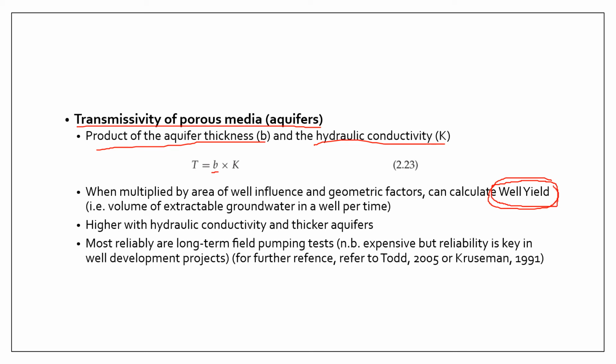So you just multiply the transmissivity times the area of well influence times geometric factors, and you will get the well yield of an aquifer.